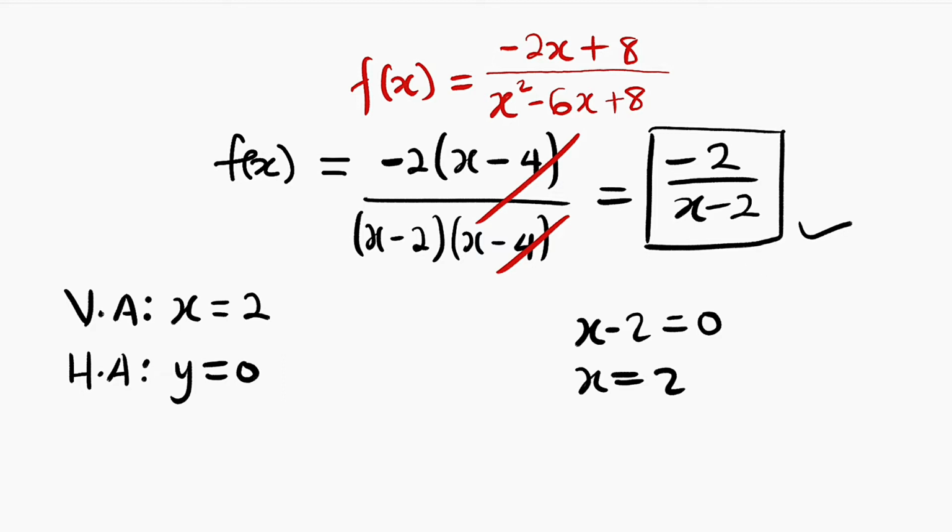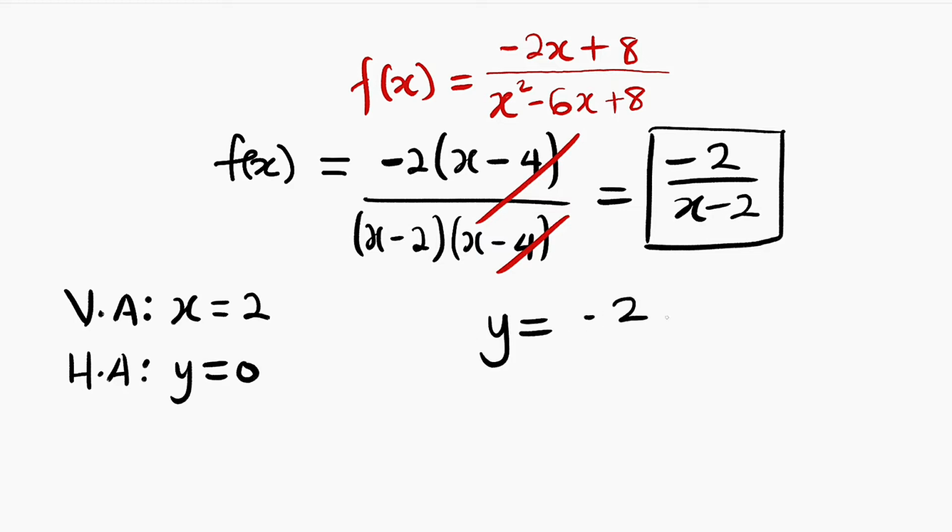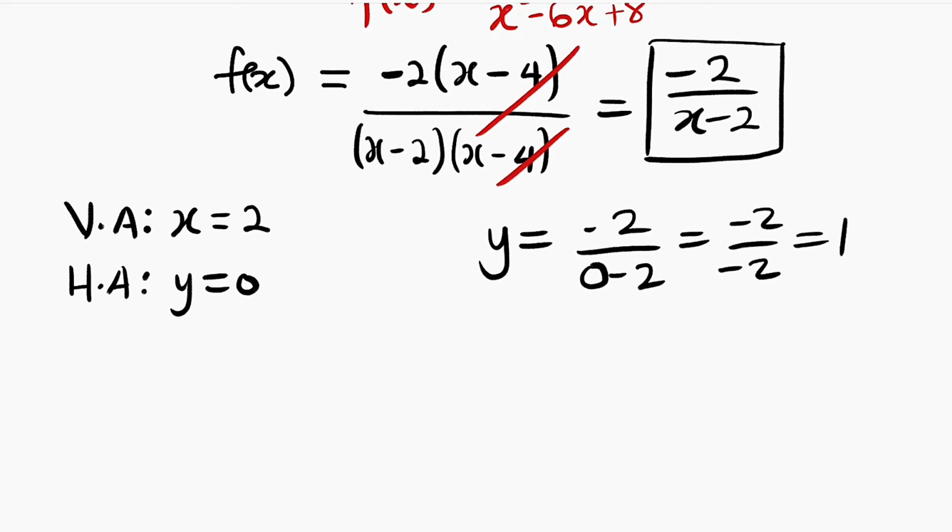Next thing, let us find the y-intercept. To find the y-intercept, we are going to set x equal to 0. And we have y equal to -2 divided by 0 minus 2. This is -2 divided by -2, which is equal to 1. All right, when x is equal to 0, y is equal to 1. So the y-intercept is at 0, 1.